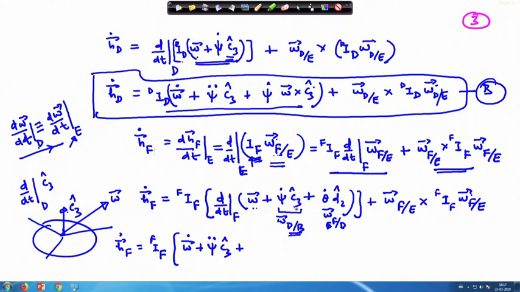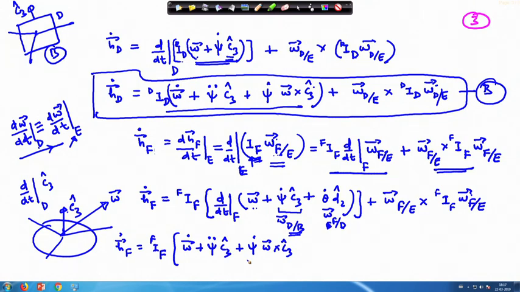Sorry, this is fixed in the C 3 frame. What I am stating is that psi dot is along the C 3 cap direction. Because of the rotation of the main body, this C 3 cap will change as we have done earlier, so we write here psi dot times omega cross C 3 cap.